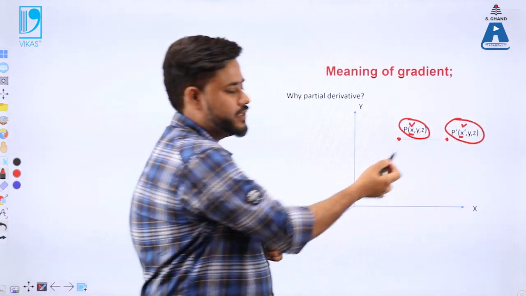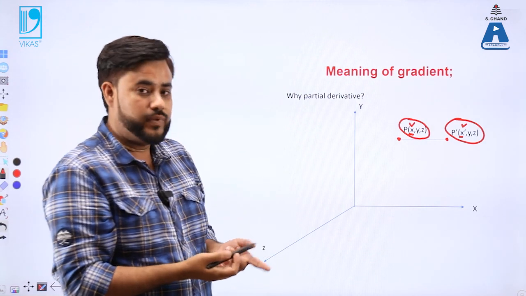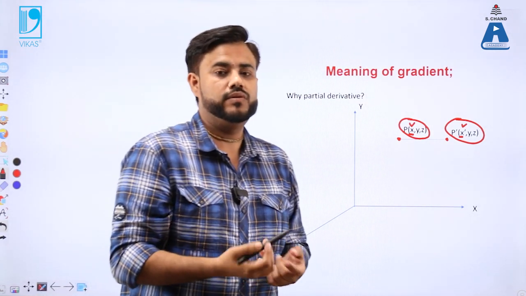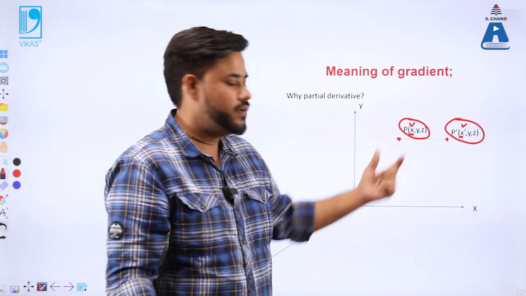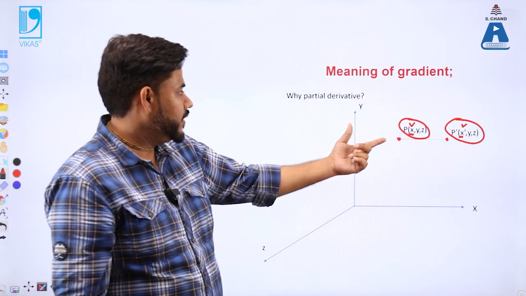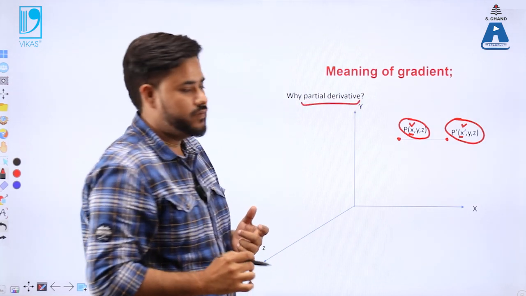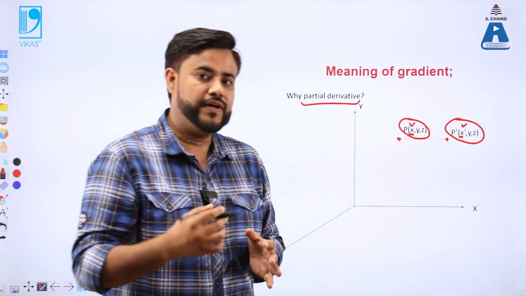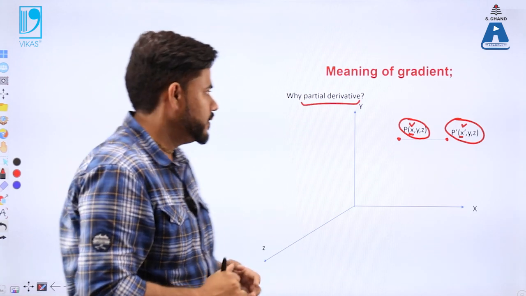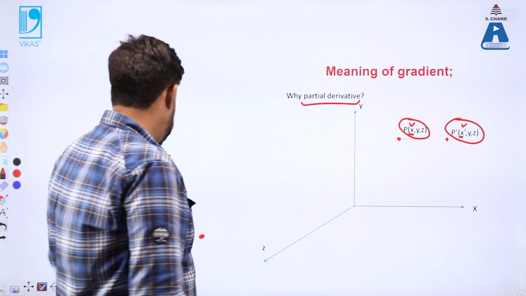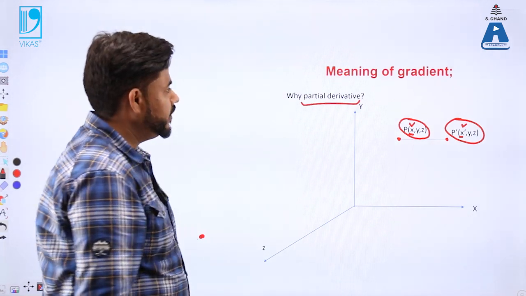So in that situation we need not use the total derivative; because the overall function is changing, we use the partial derivative. That means we need to consider the effect of the others also. This is the basic idea behind why the gradient uses partial derivatives.